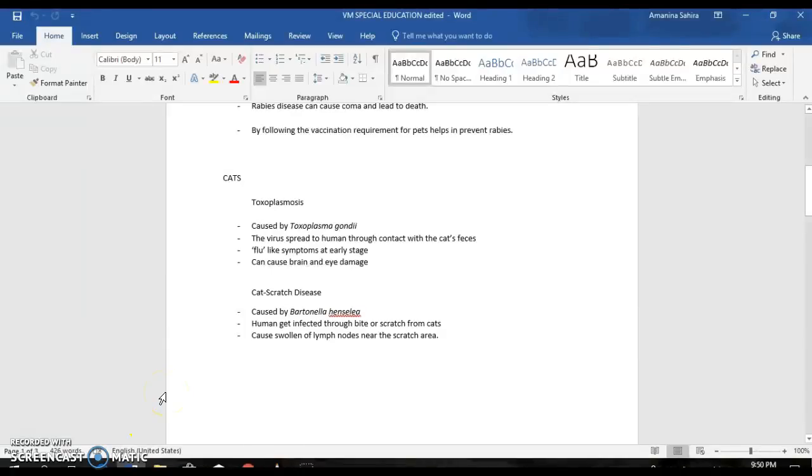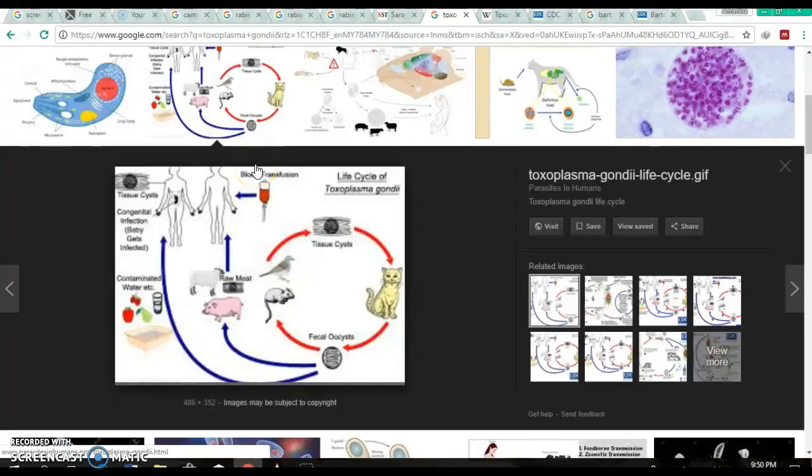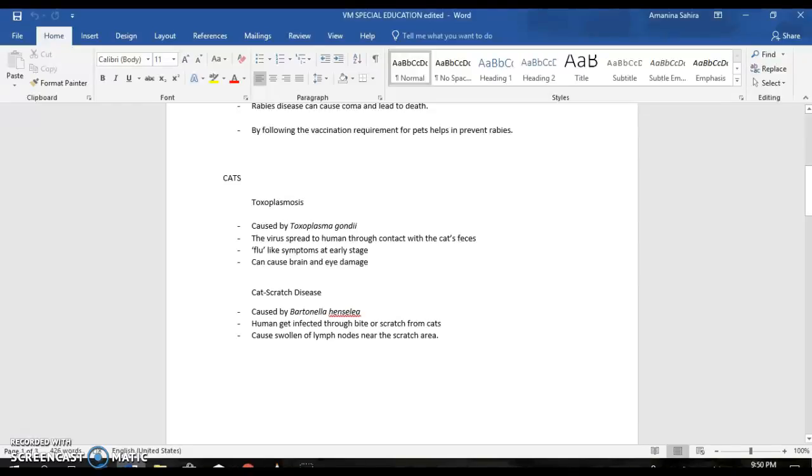Toxoplasma gondii is a parasite, and it is spread through contact with the cat's feces to humans by a lot of vectors, for example contaminated water, food, or soil, and gets to the human and causes infection.